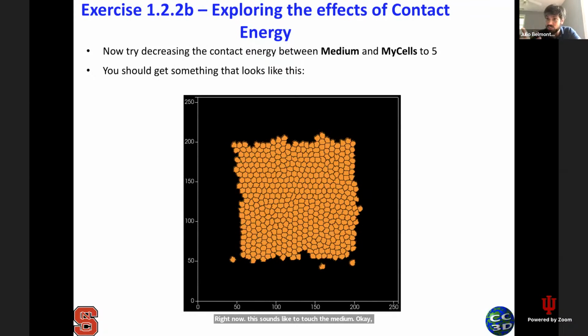Actually, they prefer to touch the medium than to be in contact with other cells. And that leads to a rougher surface of the cells with the outside medium. So you'll be seeing something that looks like the picture that I have here. Is that what you get?